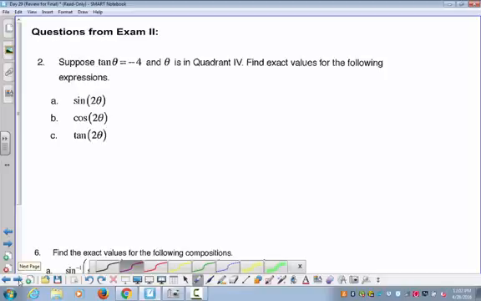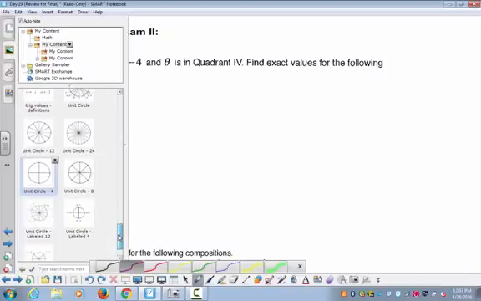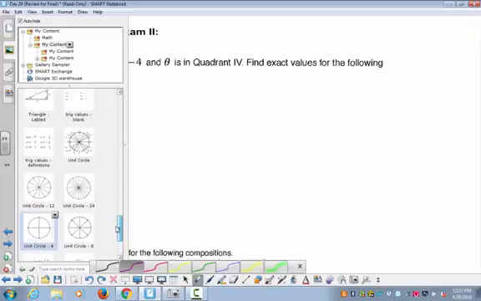So from exam 2, suppose the tangent is -4 and theta is in quadrant 4. Find the exact values for these double angle expressions. First thing in your mind, definitely draw a picture. How you want to do it is totally up to you.